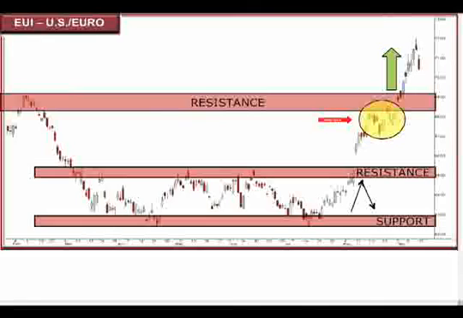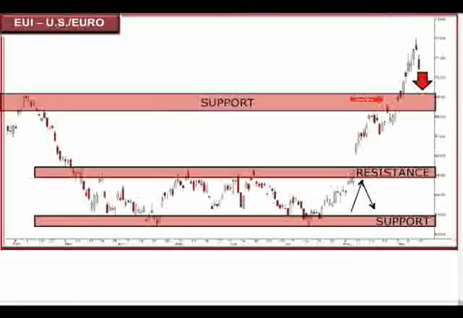So there's an example of waiting for a little bit of a retracement before getting back in, and then finally, as it broke through these levels, it continued to the upside. We've identified this level in our weekly outlook as a key area of resistance, and we can now see that it's rejected off of here. But we're really just using the concept of support and resistance to make our trading decisions.